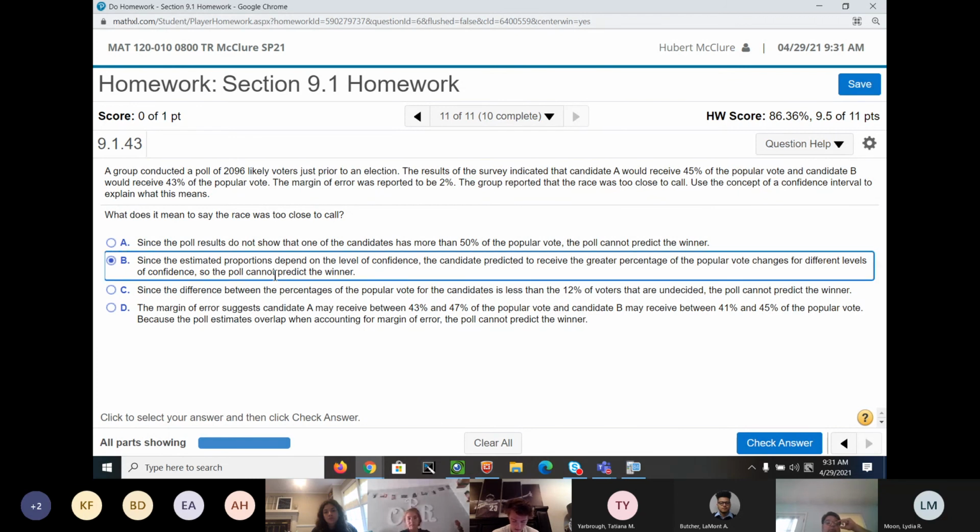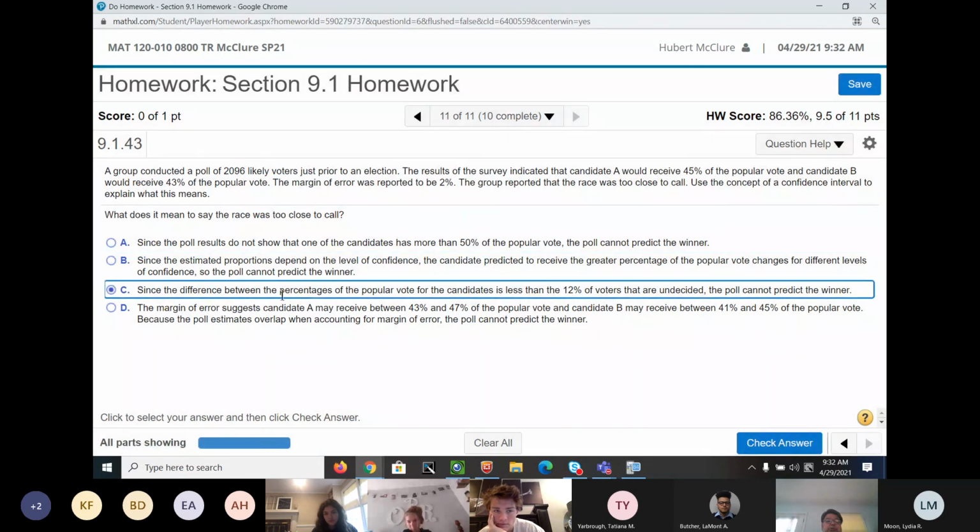"Since the estimated proportions depend on the level of confidence, the candidate predicted to receive the greater percentage of the popular vote." "Since the difference between the percentages of popular vote is less than 12%", I don't know where they get that 12% from.